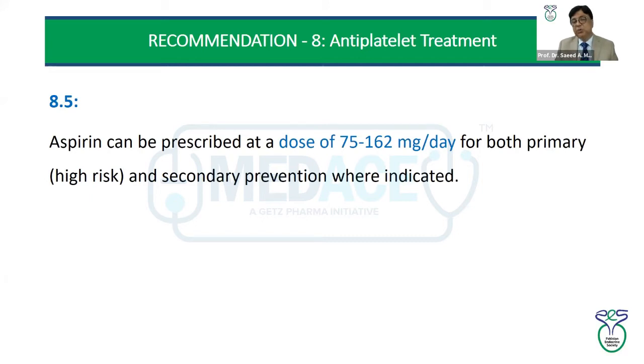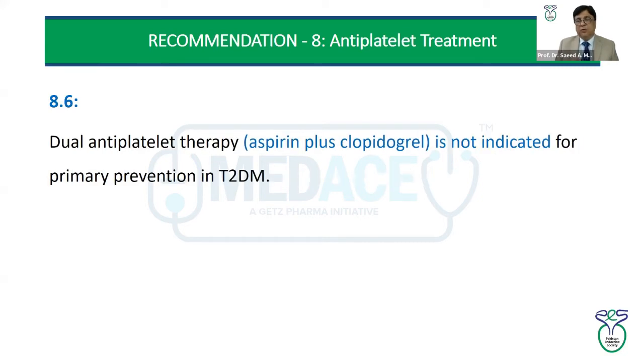What is the dose? Usually the prescribed dose of aspirin is around 75 milligrams per day, but the dose varies from 75 to 162 milligrams per day for both primary and secondary prevention where indicated. You have seen certain prescriptions with dual antiplatelet therapy, meaning aspirin with clopidogrel, which is usually not indicated for primary prevention.